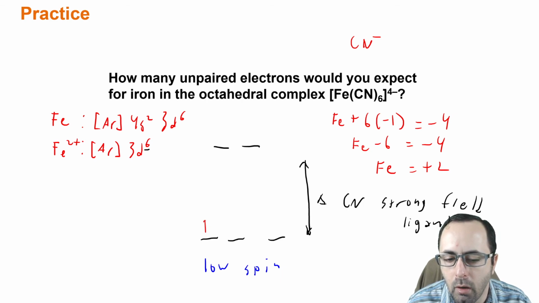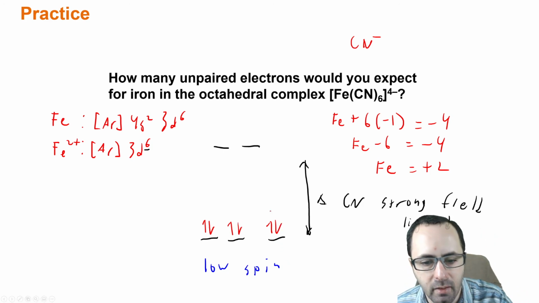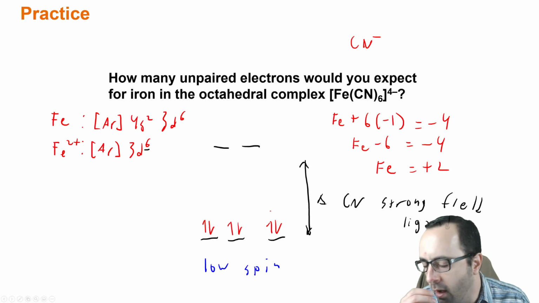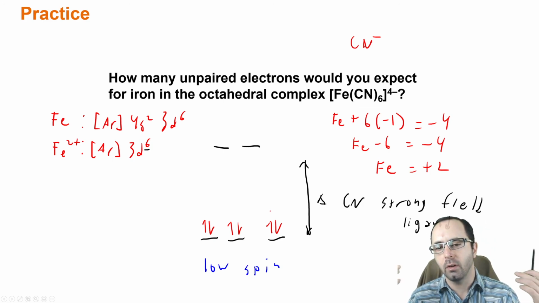So we're going to put in our electrons like this, 1, 2, 3, and then because this energy difference is so huge, 4, 5, 6. So the answer is that we have 0 unpaired electrons in this octahedral complex, the hexacyanoiron(II) ion. And so that's the kind of question that you can answer using crystal field theory.